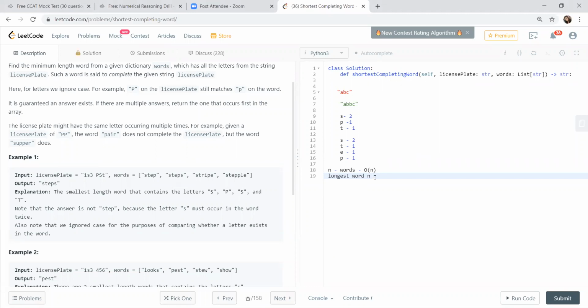Then how would the license plate be involved in the time complexity? For the license plate, it would be only the length of its characters, and creating a hash map of it would be order of L, where L is the number of characters. So it's also constant.